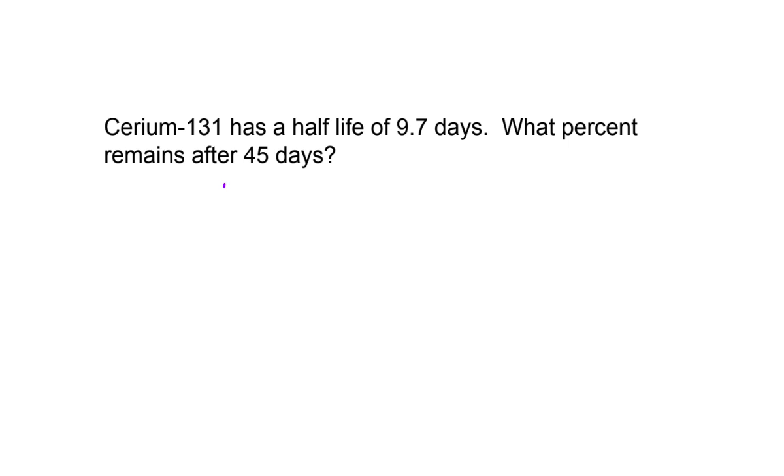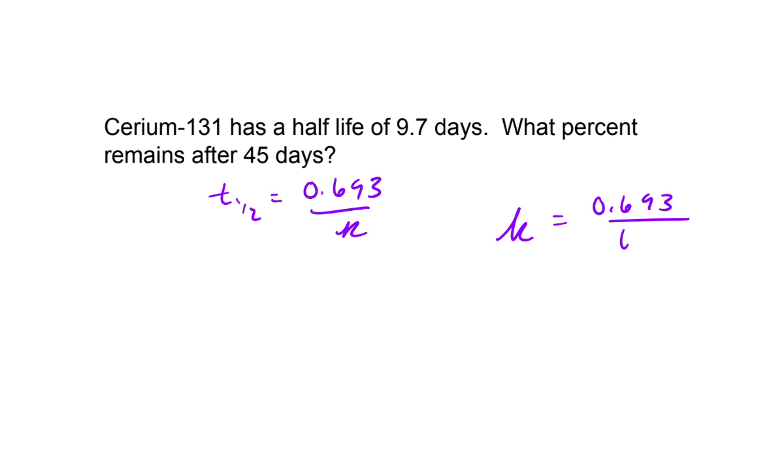So now we're going to use our half-life equation first, and we're going to solve for K. K is equal to 0.693 divided by T1/2. And we should get a rate constant of 0.071 inverse days.